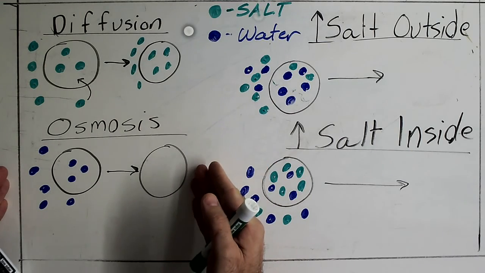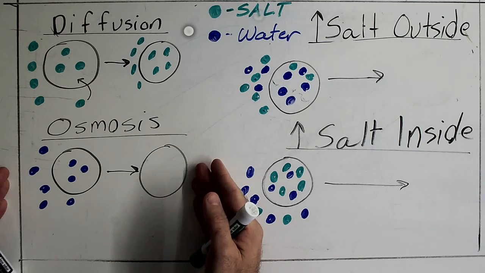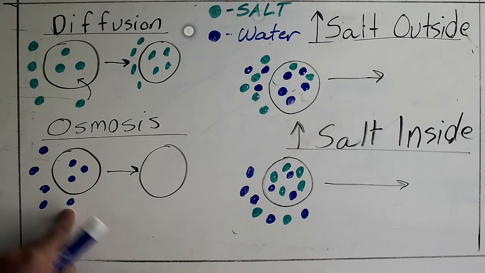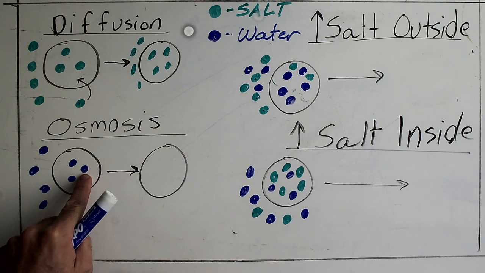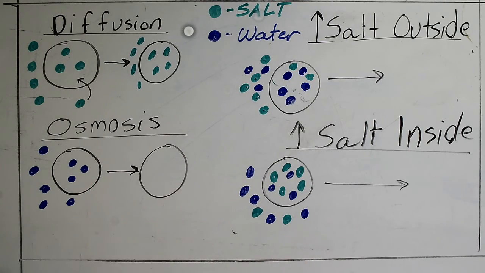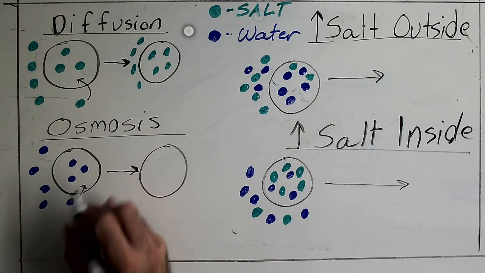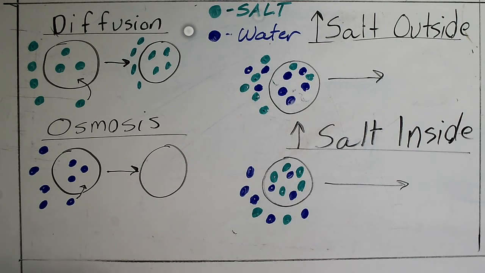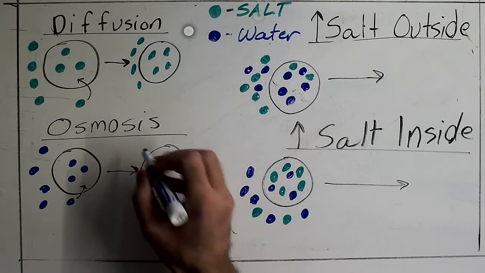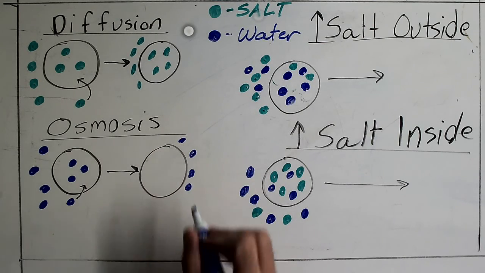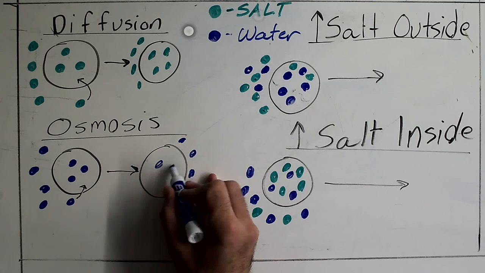If we come down here, now we're talking about water. We have 1, 2, 3, 4, 5 water molecules on the outside, 1, 2, 3 on the inside. To make that even, we would take 1 and move it in, and we would end up with 4 on the outside and 4 on the inside.